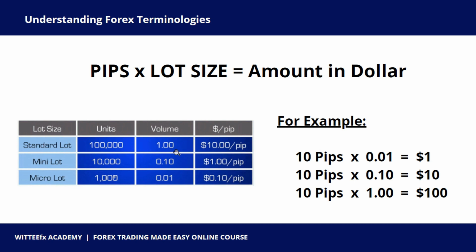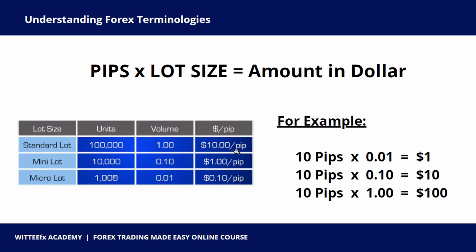Let's assume a standard lot size is 1.00. For every standard lot size you use, your broker translates that to $10 per pip. If you're using a mini lot size, it translates to $1 per pip, and the micro lot size translates to 10 cents per pip.